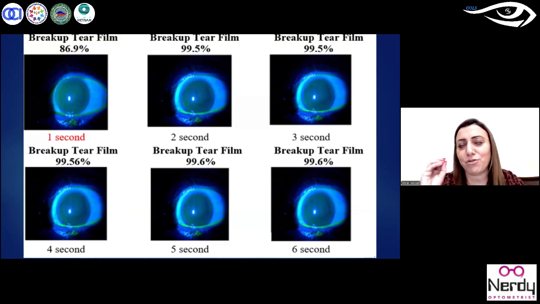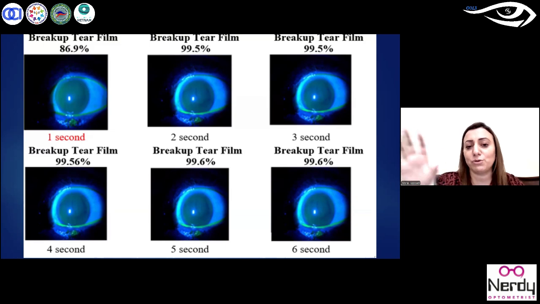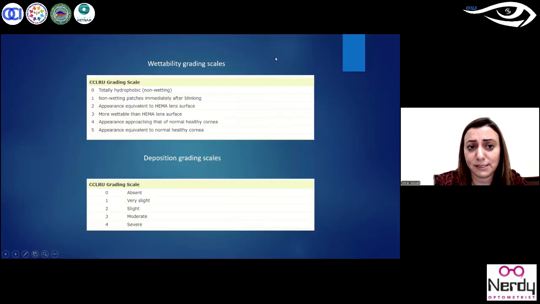It breaks in 3 or 4 seconds sometimes when we test it on the slit lamp. So here at 6 seconds, this lens showed breakup of the tear film. So it is an important measure to assess wettability.